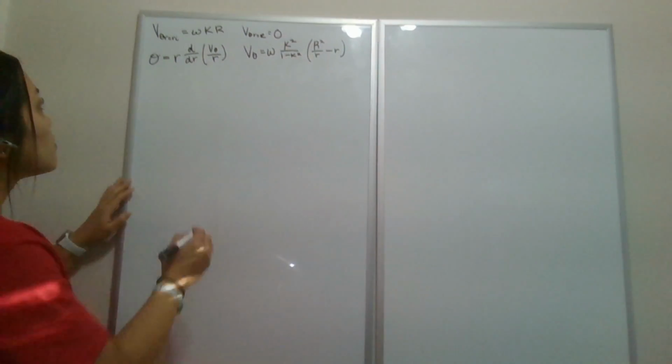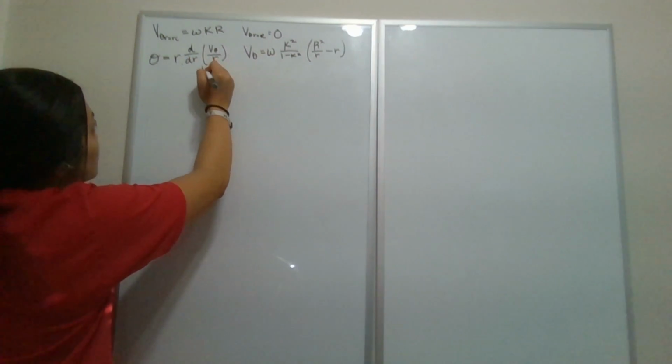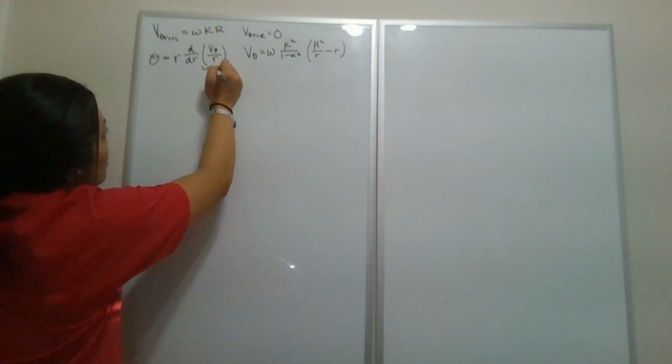So if we break it down, we have first the velocity divided by the radius.